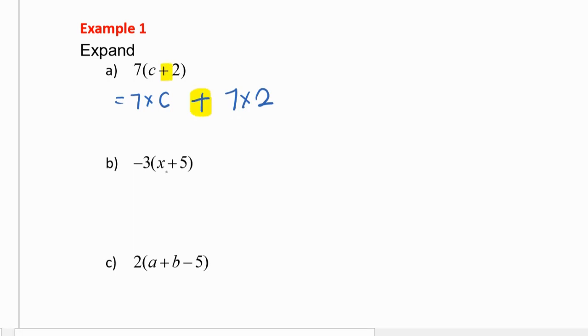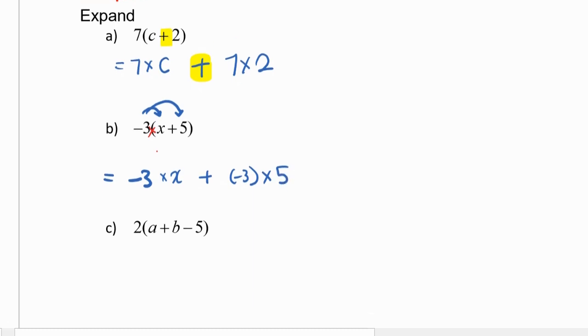Next, again everyone, we have negative 3 times, hidden multiplication hiding here, okay? So if you expand it, it will be negative 3 times x plus negative 3 times 5.